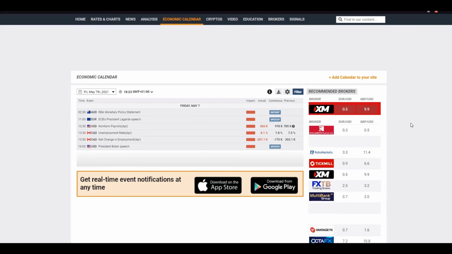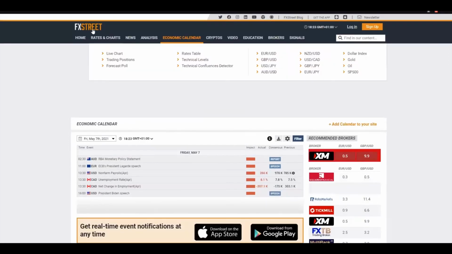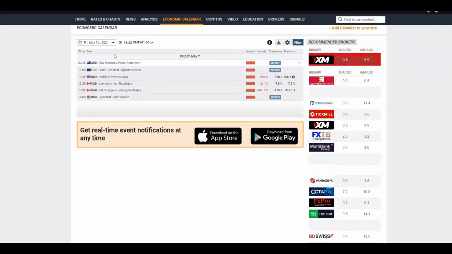As I said about the NFP figures, a good thing to do is look into the past and see how these news events have impacted the currency pair in the past and how they've impacted it recently. We use FX Street for the economic calendar, as it's really easy to navigate.